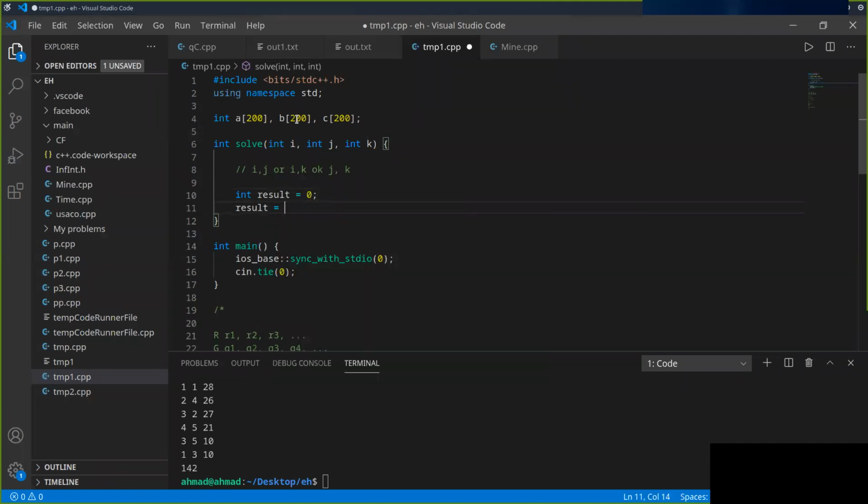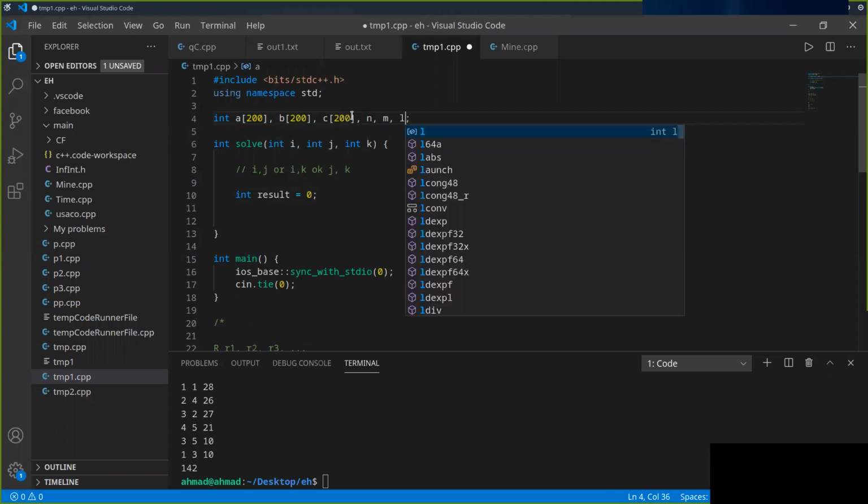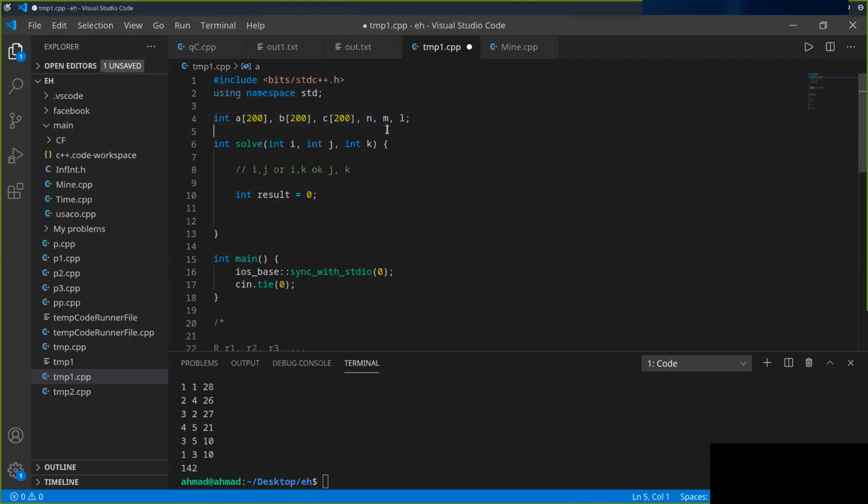So first, if we want to check the pair I with j, we want to first check if I and j are within the bounds of a and b. So let's have three values n, m, and l, which correspond to the size of these three arrays respectively.